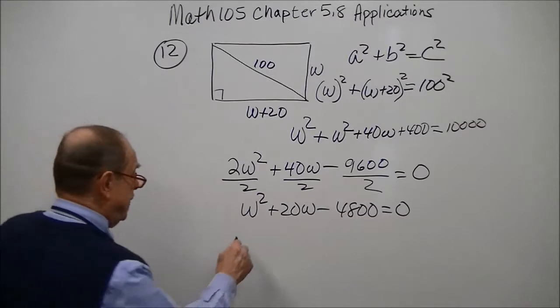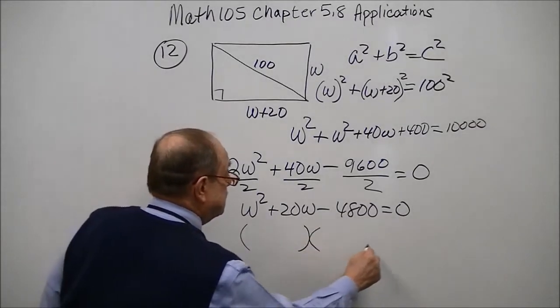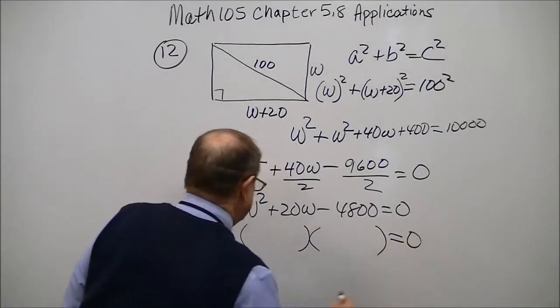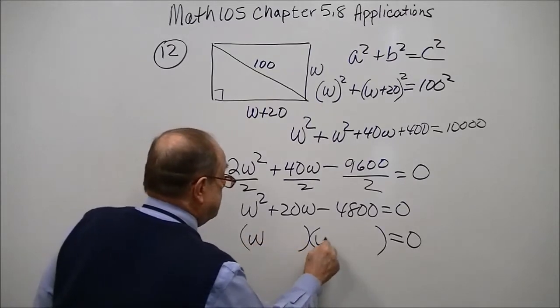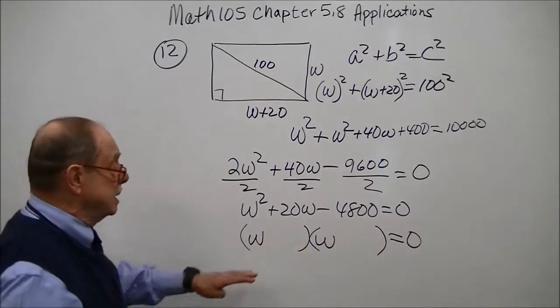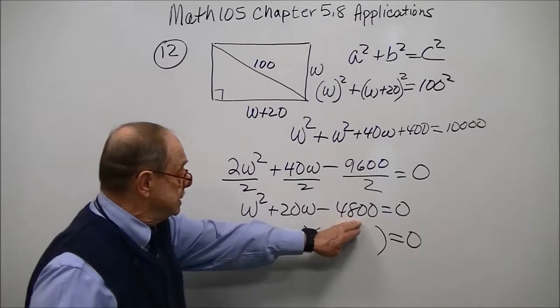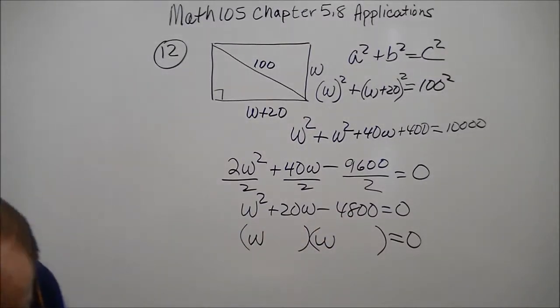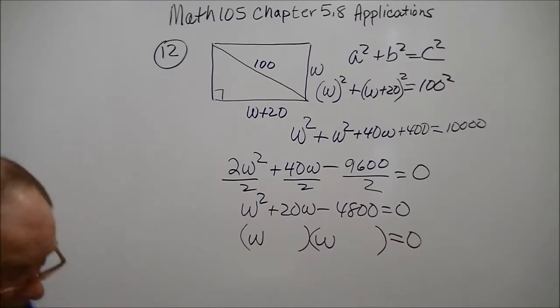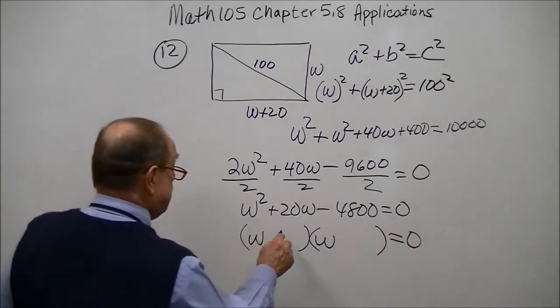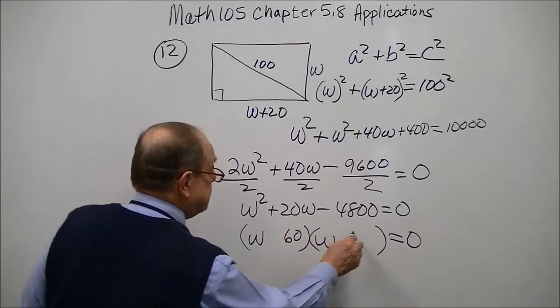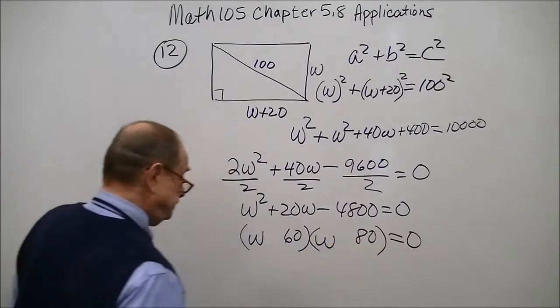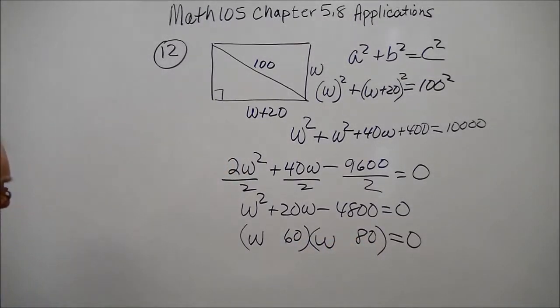And now we have to factor it. Now we're looking at factors of this that have a difference of 20. And we can still use that old technique, but I happen to have worked it out. 60 times 80. And now you have to figure out the signs.